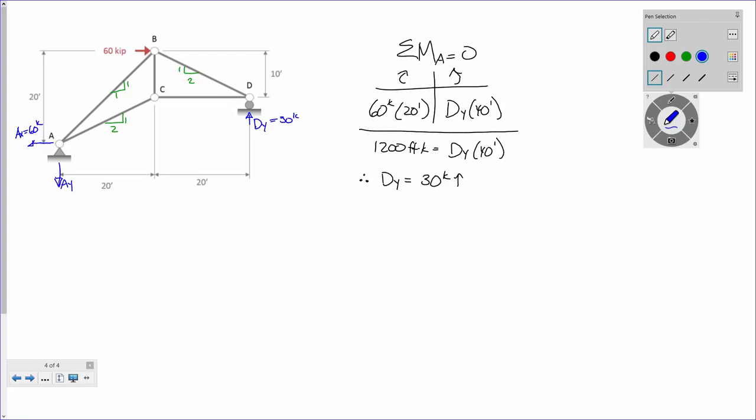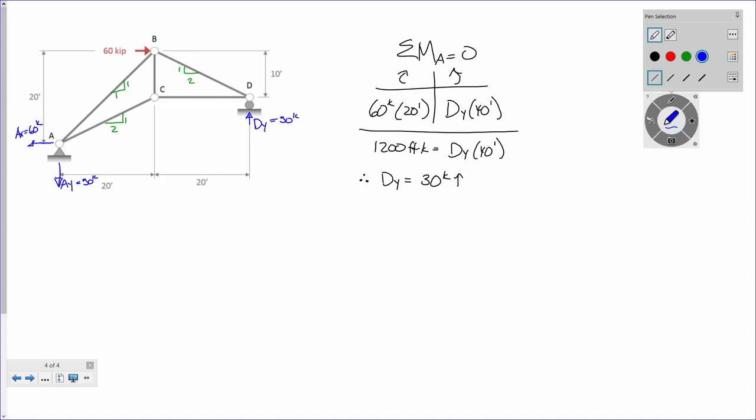And then sum of forces in the y direction. Do I even need to go through and do the math? It's 30 kips acting down, right? Okay. So far, so good? Any questions? So I'm going to use method of joints on this problem.